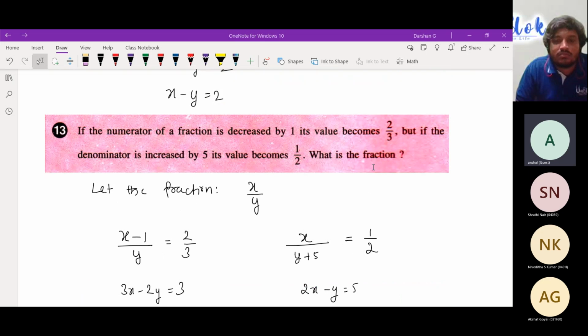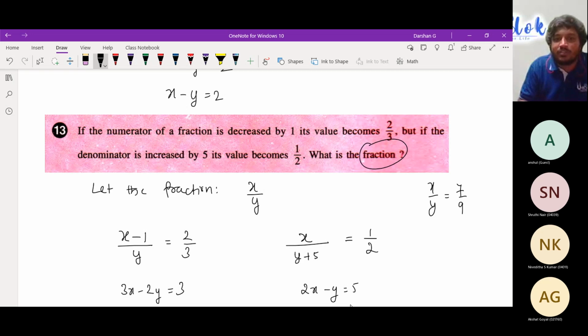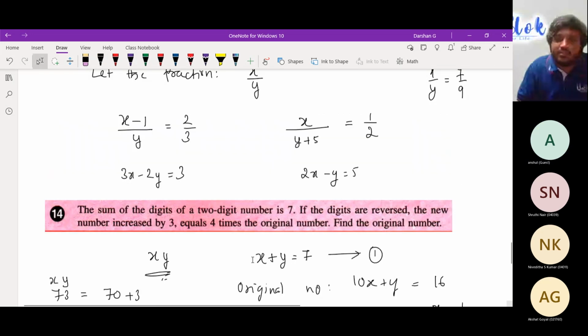I think my answer is correct. So what did you get as the answer for x by y? Oh, never mind, sir. Actually, it's not. I thought it was 7 by something if the numerator is increased by 1. No, what's the fraction? The original fraction is what they want. Yes, sir. Okay, fine then.